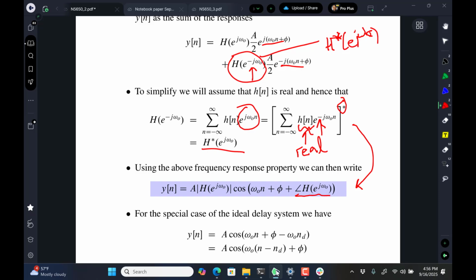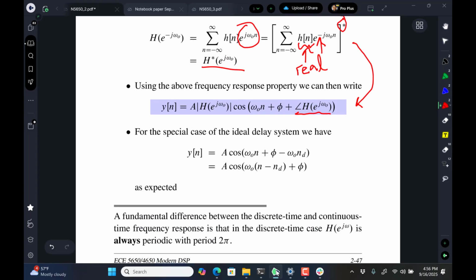the angle response. So this is an expected result, I would say, and it's a very nice result. It just tells you that in the case of the real cosine going through a discrete time system, it picks up a magnitude change and it picks up an argument of its phase response inside the cosine.